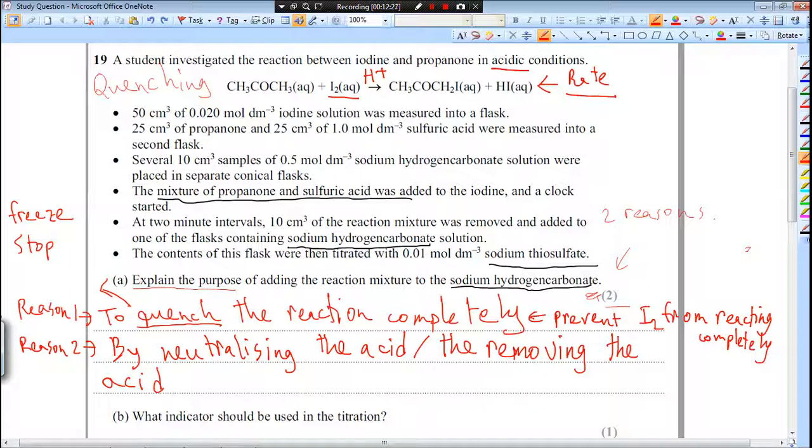So here is another reason for neutralizing this acid. Okay, so this is the solution for this first question.